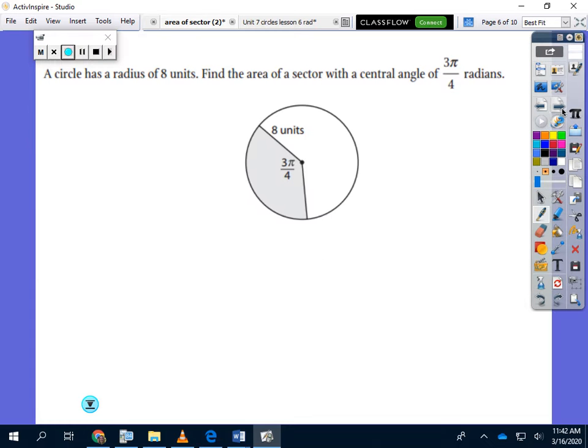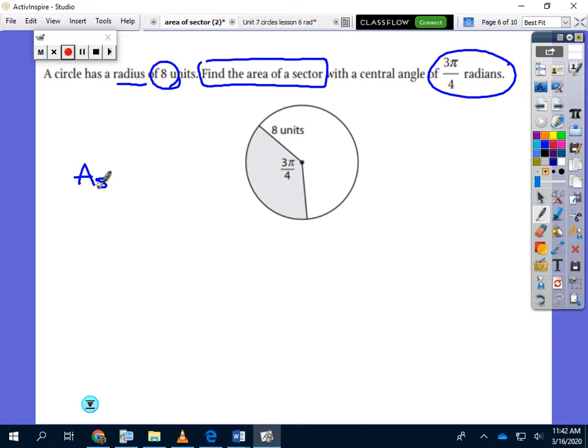Okay, and then you've got a circle that has a radius of 8 units. Find the area of the sector. And the angle is now given to us in radians, so that's theta. So we've got the area of the sector, which we don't know, over pi r squared, where r is 8, so 8 squared, is equal to 3 pi over 4 over 2 pi.